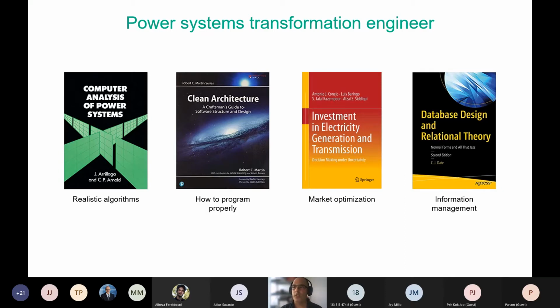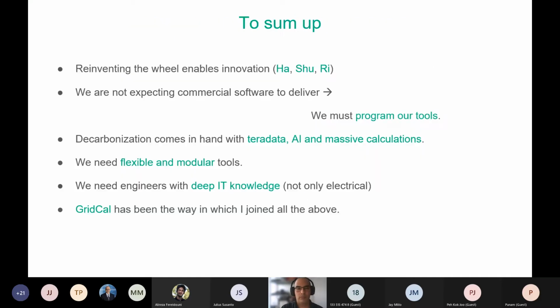So we need to know the 3 or 4 relational data laws, which are called the normal forms. And I believe that someone that knows about all this, a little bit, is far better prepared to deal with all the changes that we are facing, on top, of course, of electrical engineering, the traditional one.